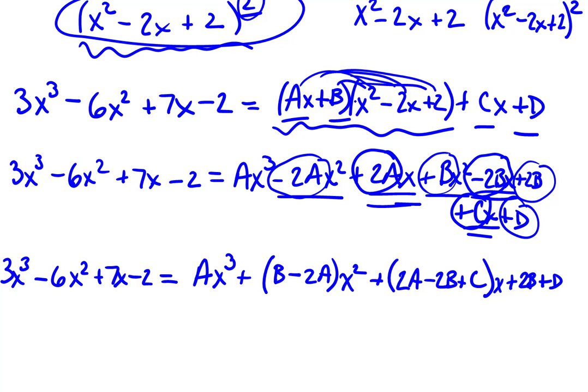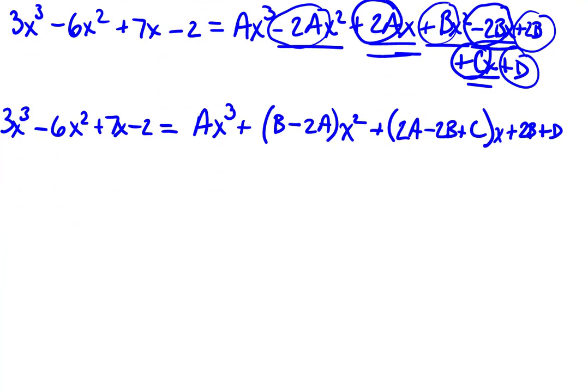So here's our second effort, which is to expand everything completely and then factor the right side so that all the like terms are factored out, meaning I have an x cubed, then an x squared, then an x, and then my constant terms. And I've factored out what would be their coefficients from that previous step, which are now in front. The a, the b minus 2a, 2a minus 2b plus c. Those are all the coefficients.